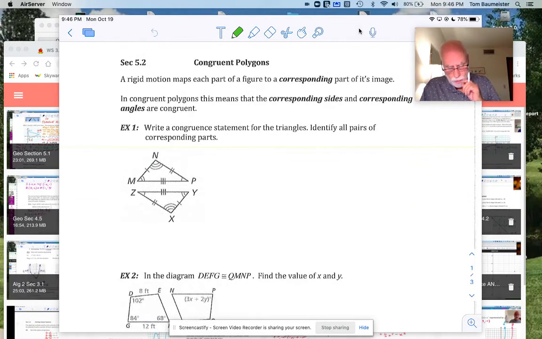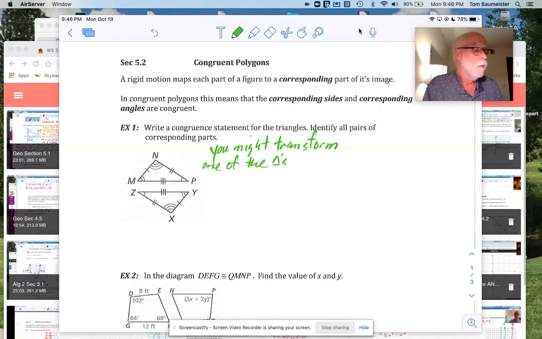So what I suggest here is you might transform one of the triangles to help identify corresponding parts.